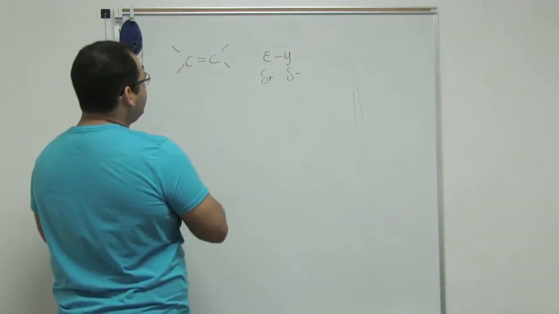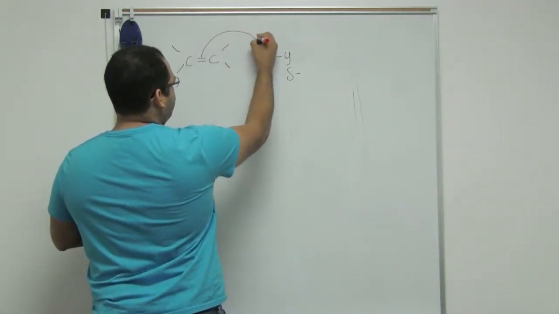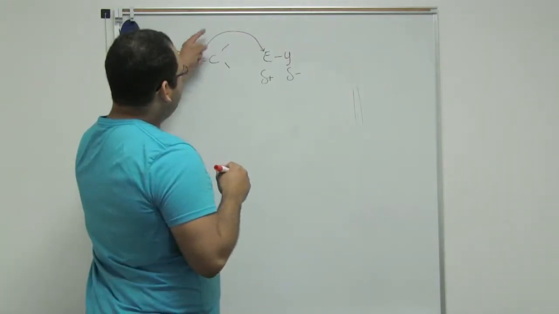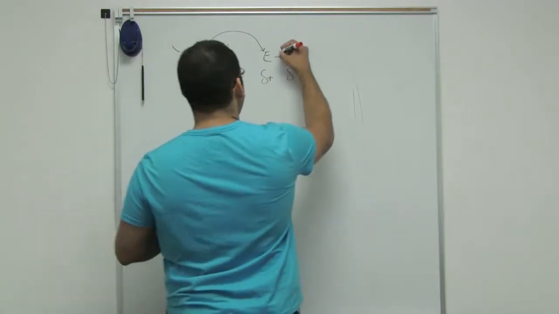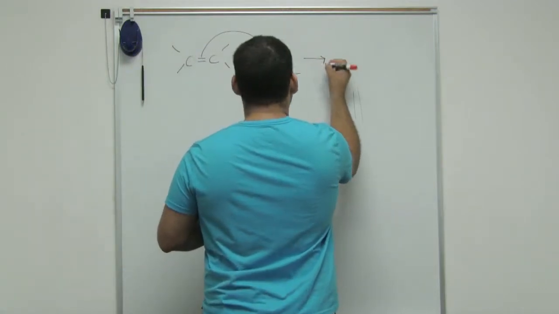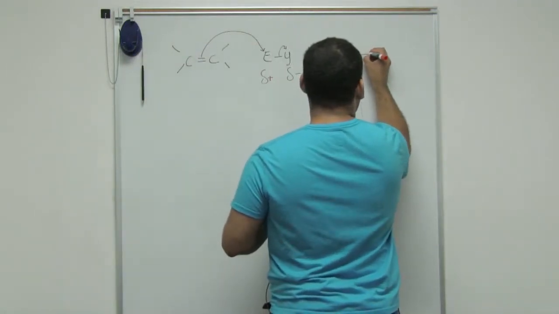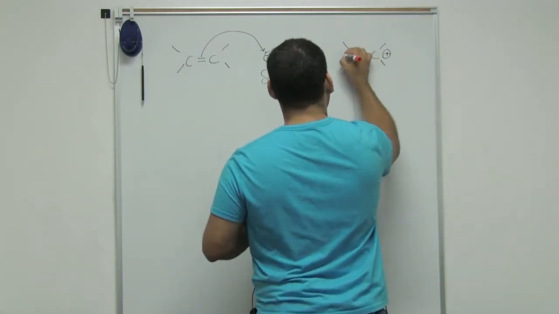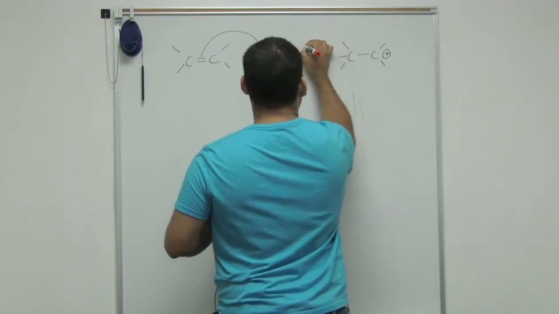For this reaction, we have our double bond acting on and grabbing our electrophile, getting as a product the formation of a carbocation and my electrophile being added.